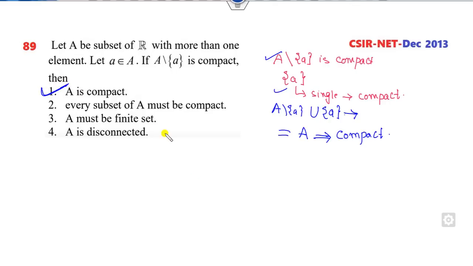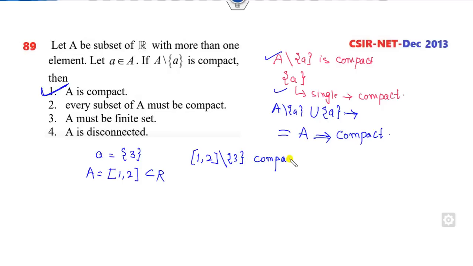Every subset of A must be compact. So if I consider A as a singleton, say 3, and if I consider any set A as a subset of R, then this is compact.